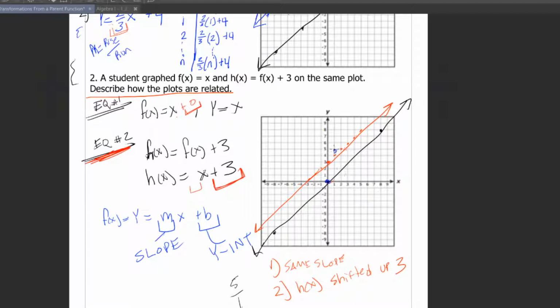If it was 5 over 1, we'd have that, and it'd be something like this. And these lines wouldn't be parallel because they have different slopes, and this slope right here would intersect the second equation. But since these two have the same slope and one's just shifted up, they are parallel.